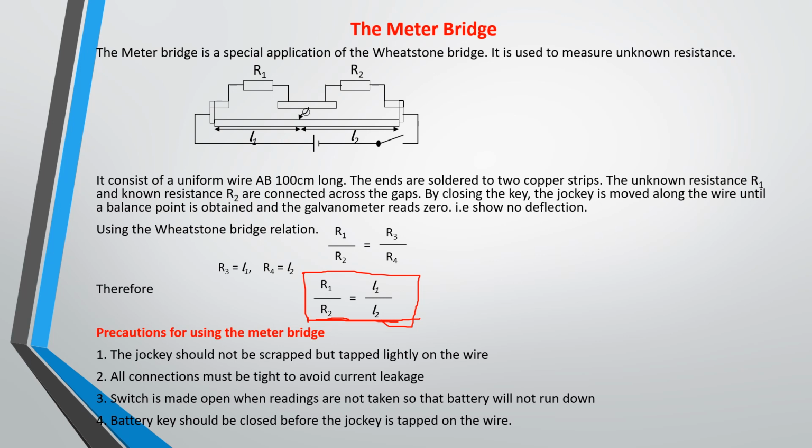When you are using the meter bridge, there are some precautions that you need to take. One: the jockey should not be scratched but tapped lightly on the wire. Just touch it, don't scratch it. Two: all connections must be tight to avoid current leakage. Three: the switch is opened when readings are not taken so that the battery will not run down.